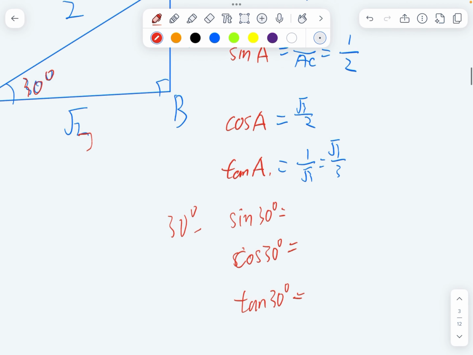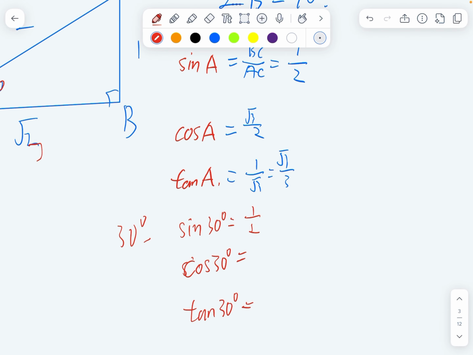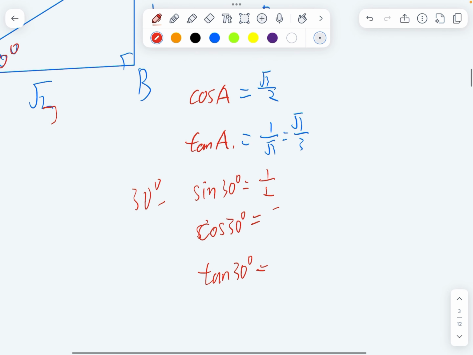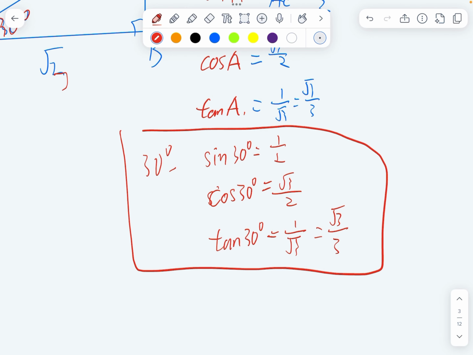So sine 30 degrees equals 1 over 2, cosine 30 degrees equals root 3 over 2, and tan theta is 1 over root 3. Okay. That's the important special angle you must remember.